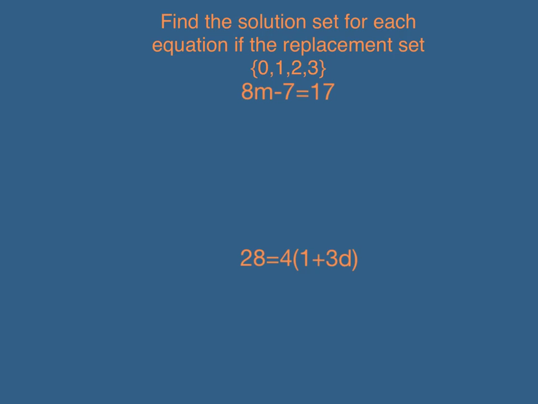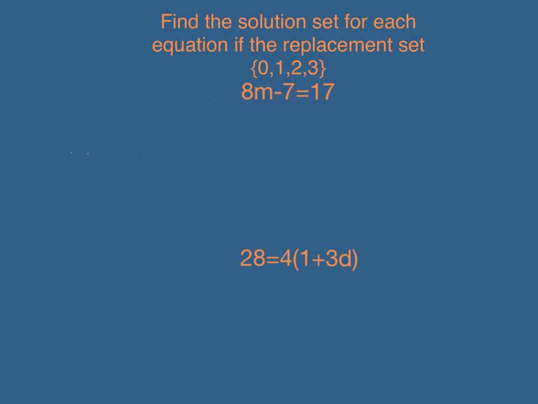Let's try to plug some in. When we plug in 0 for m, we get 8 times 0 minus 7 equals 17. 8 times 0 is 0. Minus 7 is negative 7. Negative 7 equals 17. That's not true, so I know that 0 is not part of our solution set.